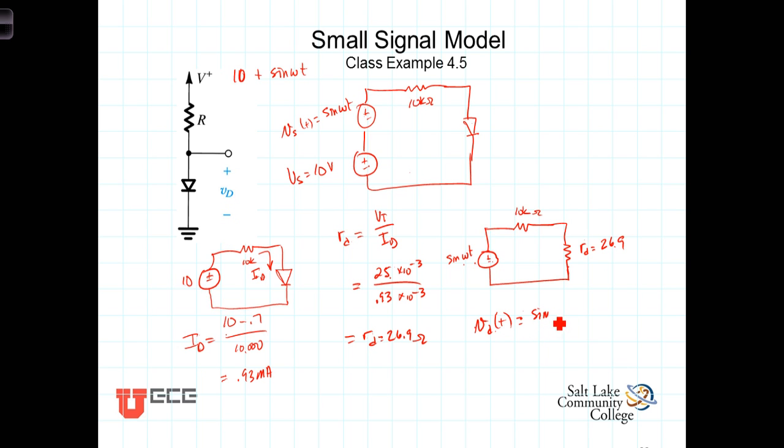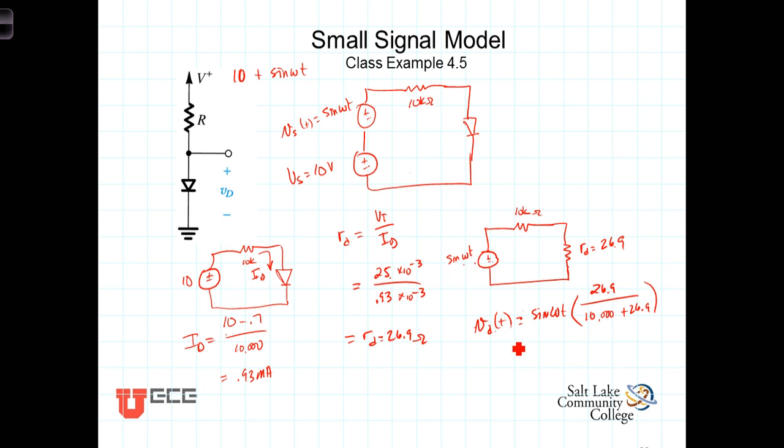So we're going to get small signal V sub D of t equal to the sine of omega t times R sub D, which is 26.9, divided by the sum of the two resistances, 10,000 plus 26.9.